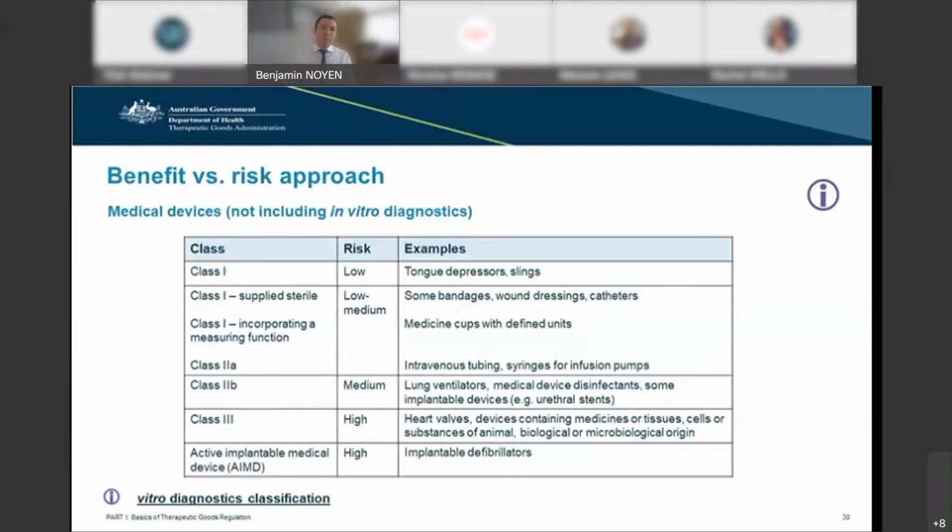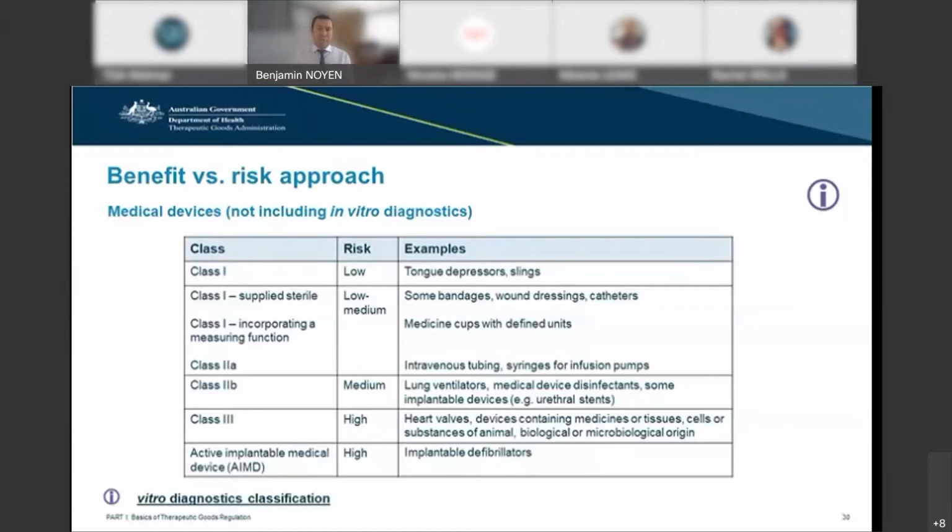Similarly, medical devices are classified according to their intended purpose and the level of harm they may pose to users or patients. Classification takes a number of factors into account, including the degree of invasiveness in the human body, the duration and location of use, and whether the device relies on a source of energy rather than the body or gravity.